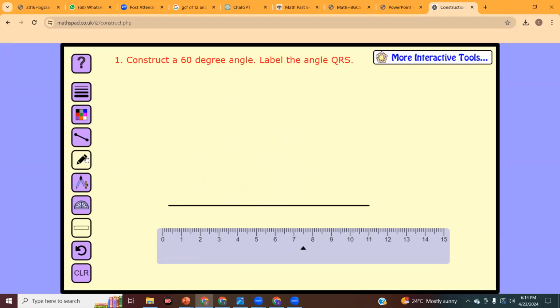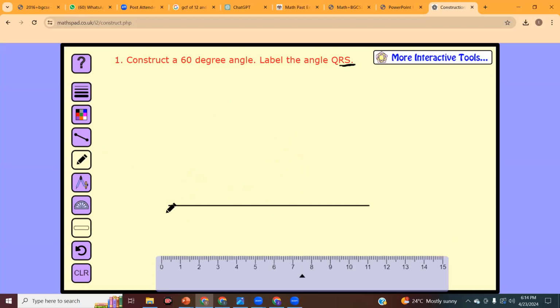This is QRS, so that means RS is going to be the name of our ray. So we draw our ray RS.